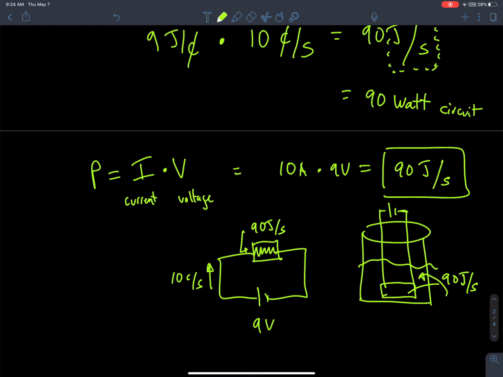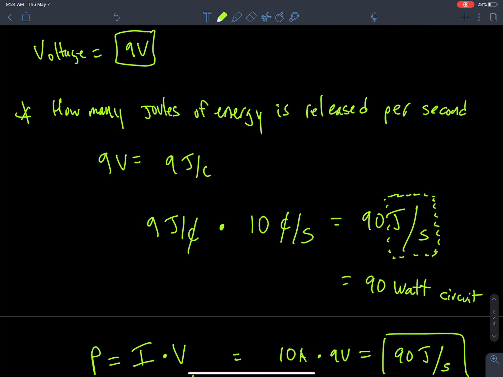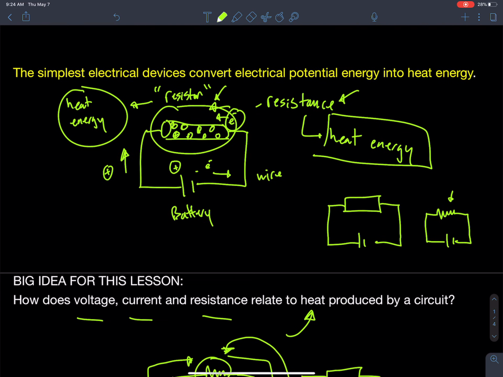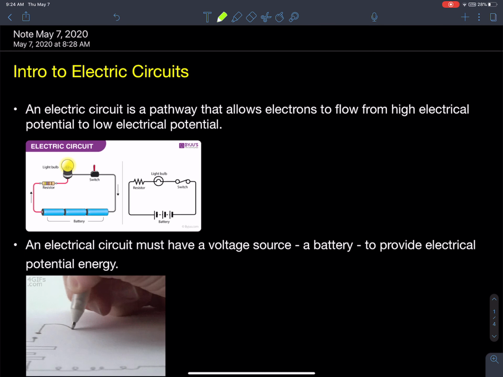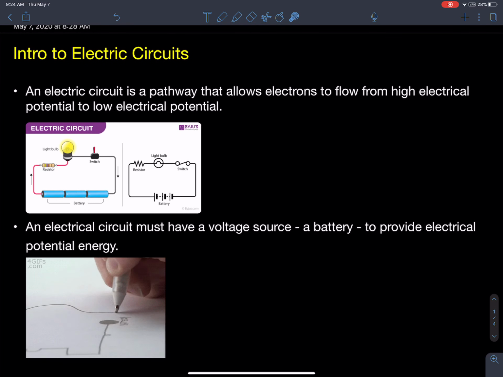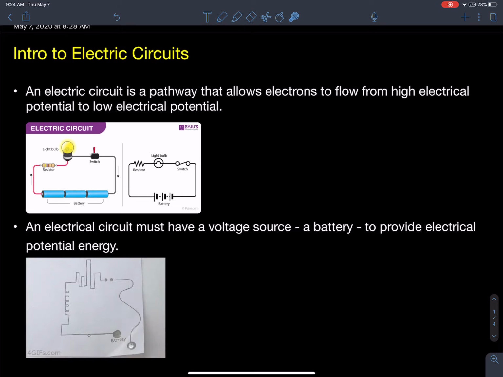We're going to be doing a few more videos about this, but just to give us a little bit of a lowdown, what we covered today in this little video is understanding what an electrical circuit looks like. It has a battery, it has wires, it has electrical components in it that convert electrical potential energy into other things such as heat and light.